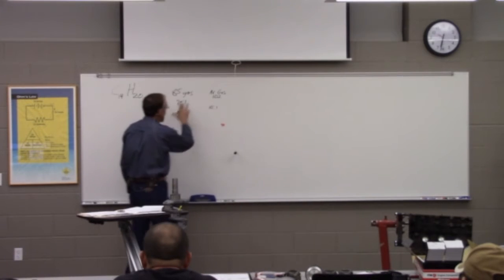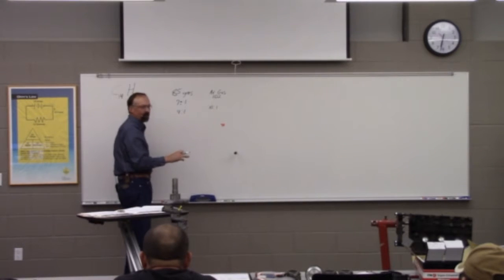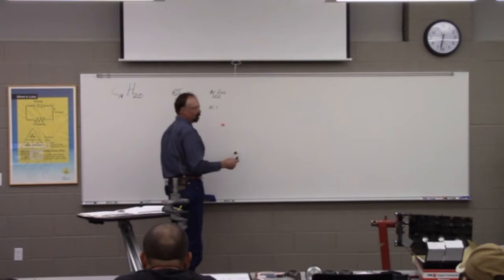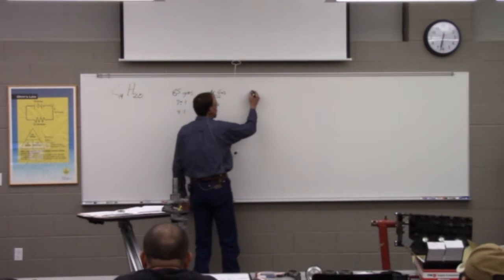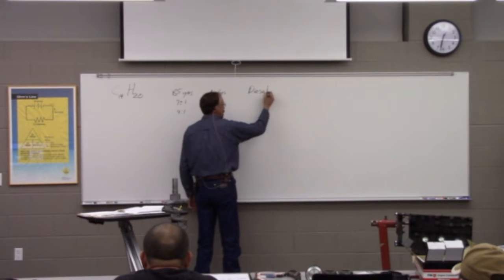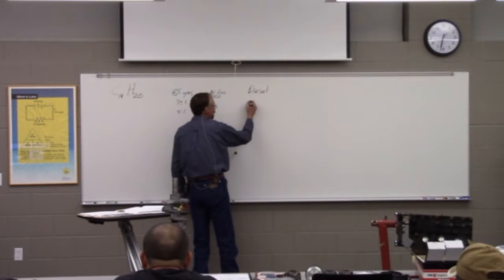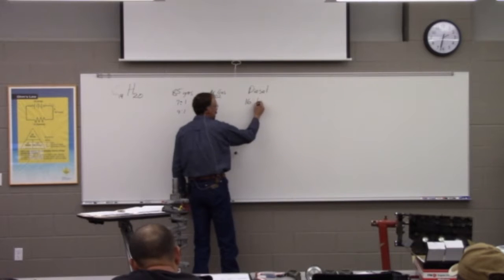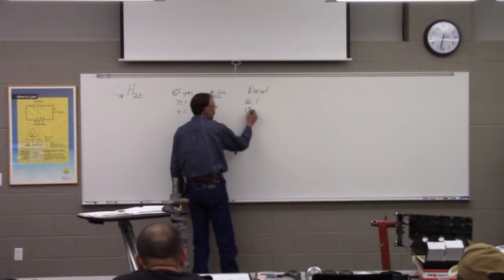But with gasoline type stuff, those are the compression ratios that they work well at. There are problems if we get too low or too high. A different hydrocarbon, diesel fuel, most diesel engines are going to run somewhere between 16 to 1 and 19 to 1.